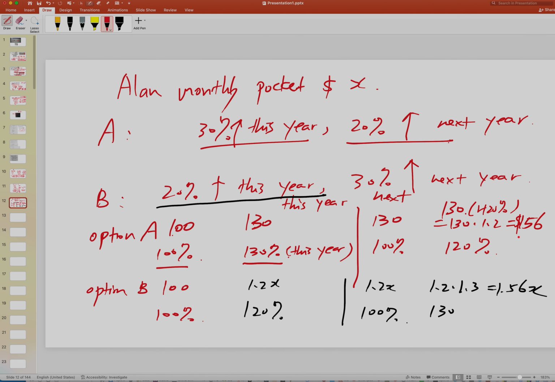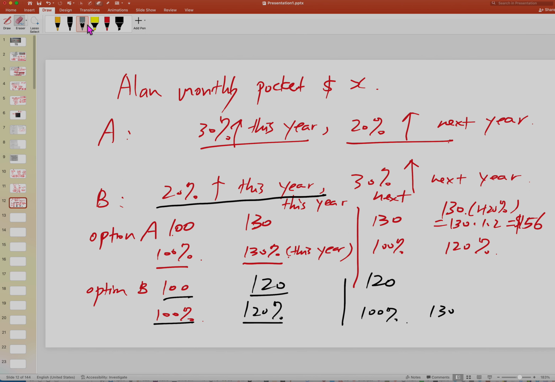Now this one is 120. Did it turn into 120? Because 100% is $100, 120% is 120. So 120 is your new 100%. Now you need to multiply.